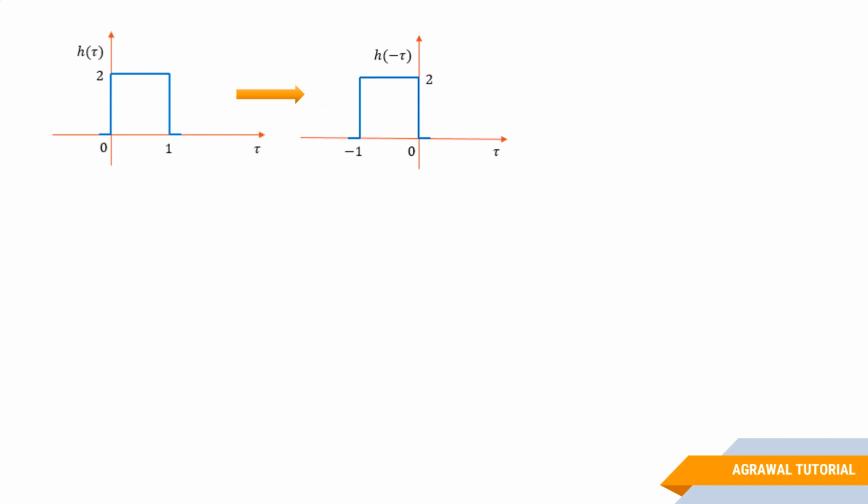Next, we will add time t to minus tau so that we get h of t minus tau. And what is the effect of adding time t? The signal gets shifted to the left by time t. So, we get the shifted signal h of t minus tau as this.